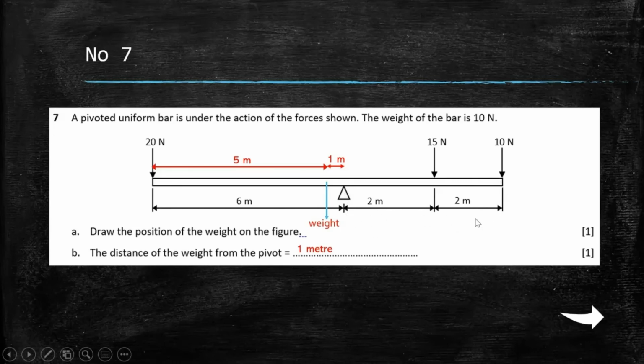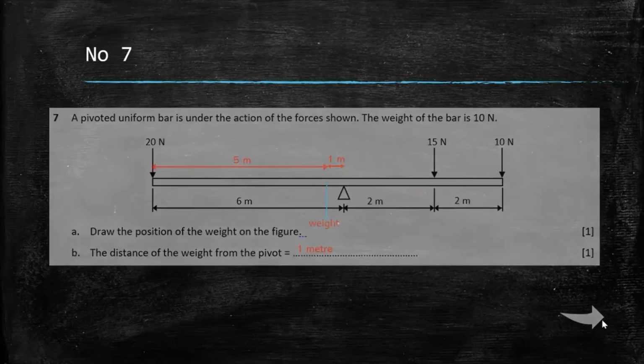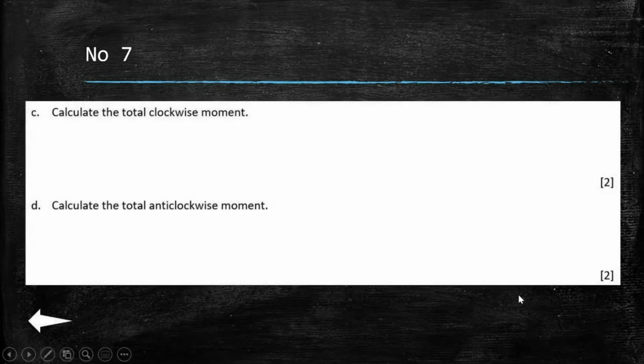So the distance for the 10 Newton force is 4 meters, not 2 meters. So the answer for number 7c is 15 times 2 plus 10 times 4 equal to 30 plus 40. This equal to 70 Newton meter.